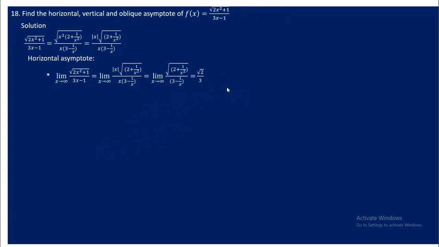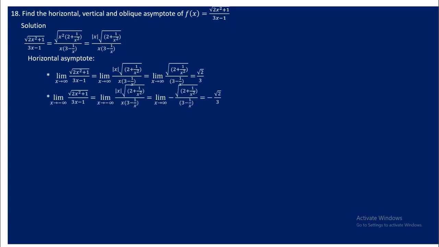You are now having radical 2 over 3. The reason is that as x goes to infinity, the numerator approaches radical 2, and the denominator gets closer to 3, so radical 2 over 3 is one asymptote.